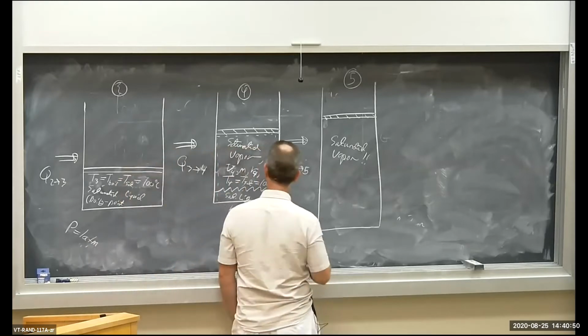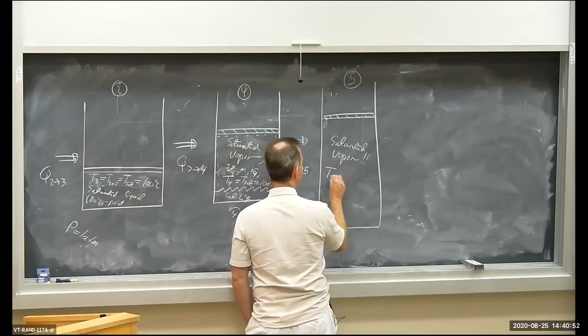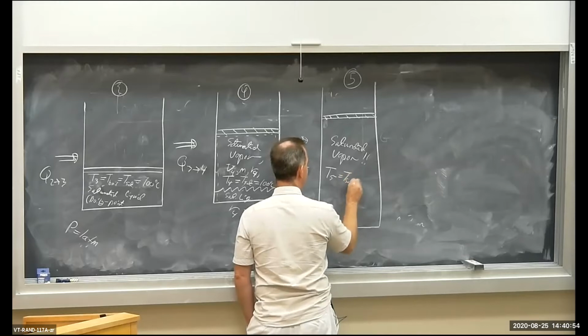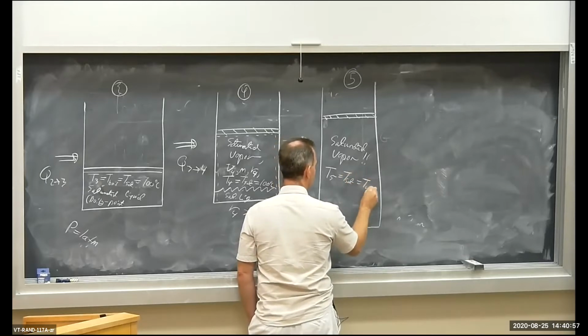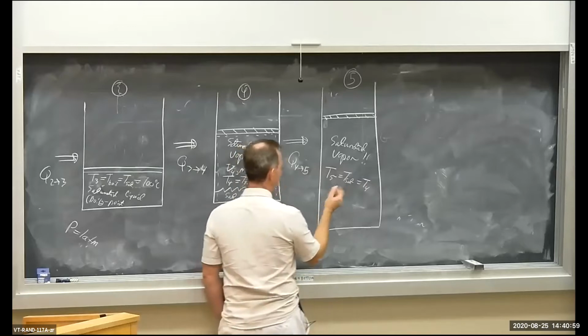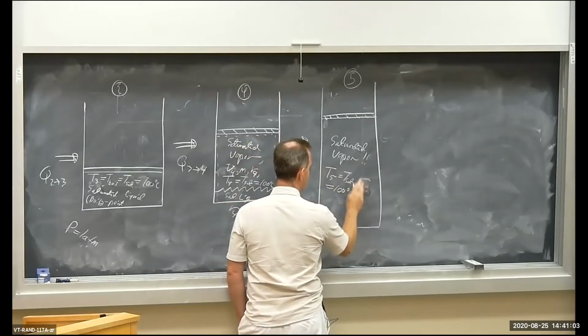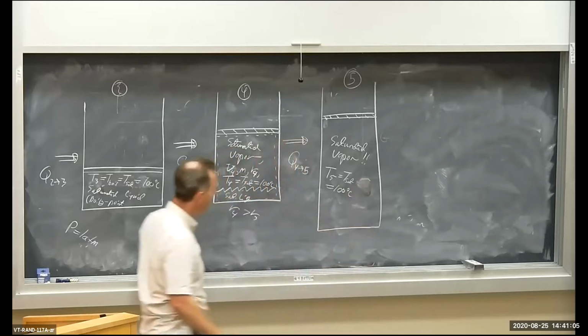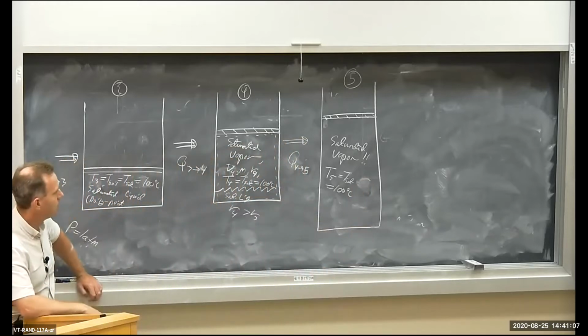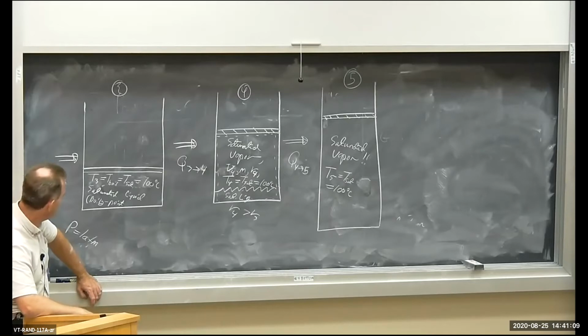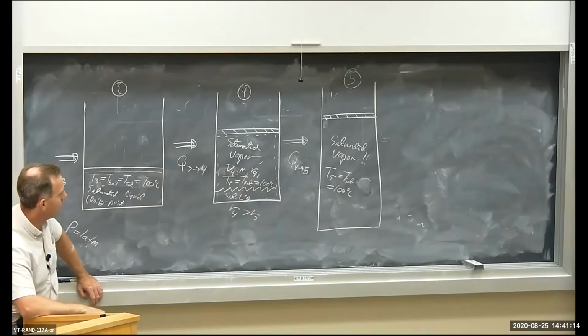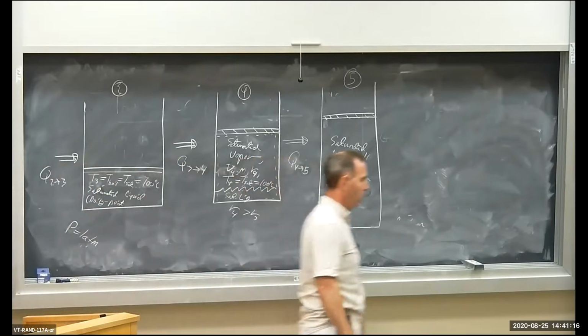So that means temperature is the same. T5 is equal to Tsat. So that was T4, T3, and that was 100 degrees centigrade. I'm just going to get rid of that T4. So T5 is still equal to Tsat, which is still 100 degrees C. Tsat, or the saturation temperature, is a fancy name for the boiling temperature.